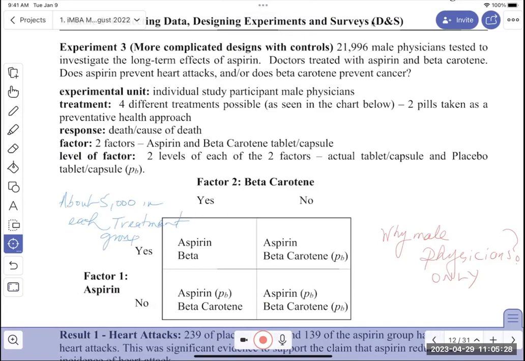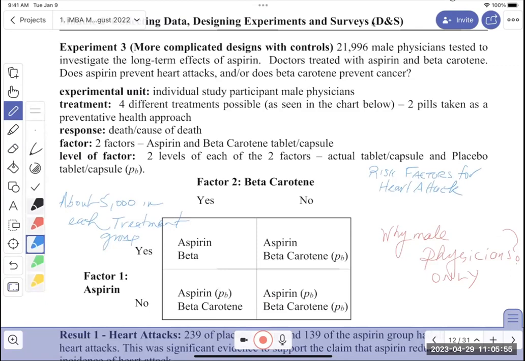Now, for this study, thinking about heart attacks, what are the risk factors for heart attacks? High cholesterol diet, right.